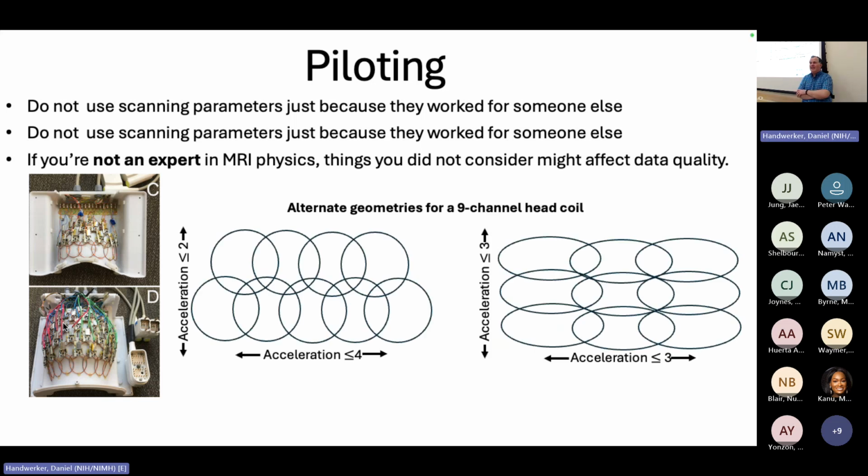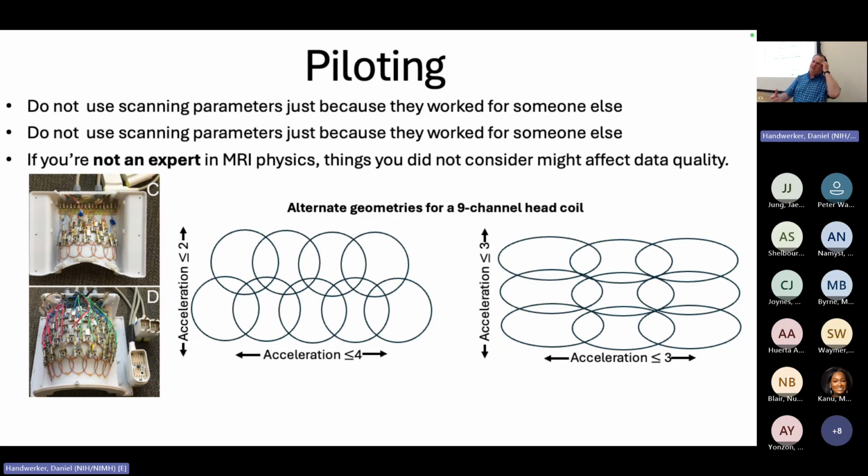These coils are one thing that defines what acceleration is. Remember I said earlier that with acceleration, you're collecting only part of your k-space and reconstructing. The reason many acceleration methods work is that you collect a fraction of the data, but each of these little circles, these coils, is in a spatially different location. So you are taking advantage of multiple different spatial measures of the same signal to reconstruct the data that's missing.